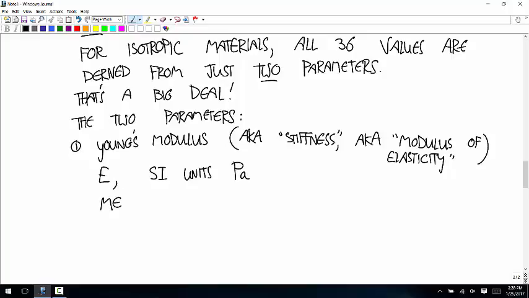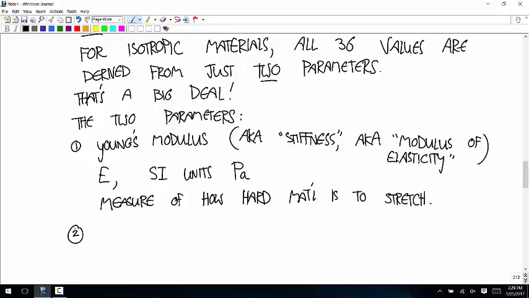This is just a measure of how hard it is to stretch a material. So steel has a really big modulus of elasticity. Silly putty has a really small one.